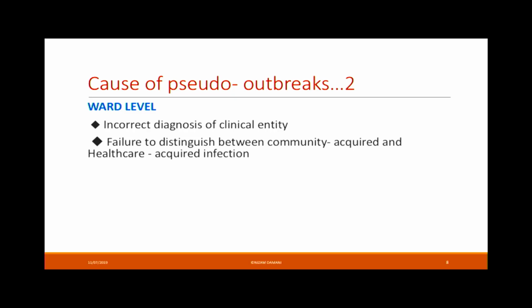Failure to distinguish between community-acquired and healthcare-acquired infection. Now, there's a third term, which is called community onset. And this third term you have to remember now, because of the higher throughput of patients in the hospital, you may not detect infection in the hospital, because of the incubation period. So the patient appears in the community.